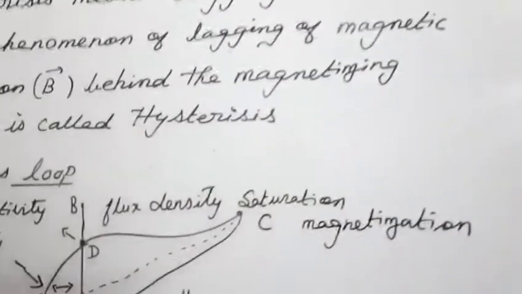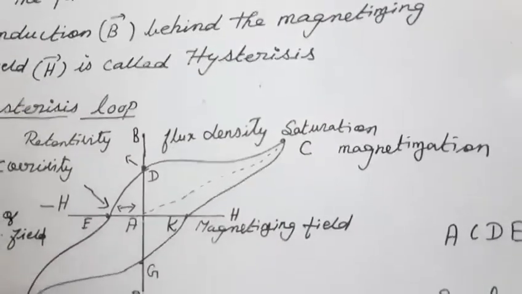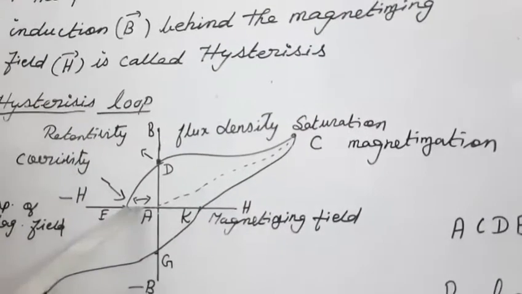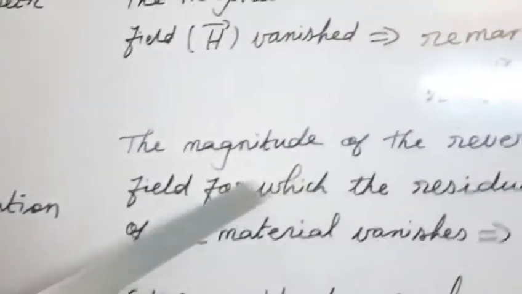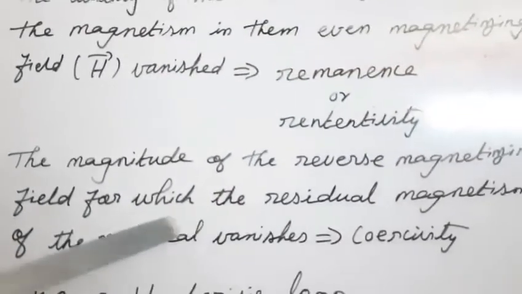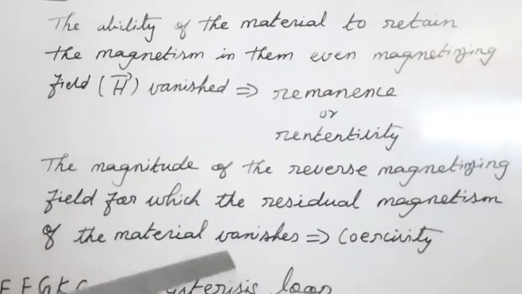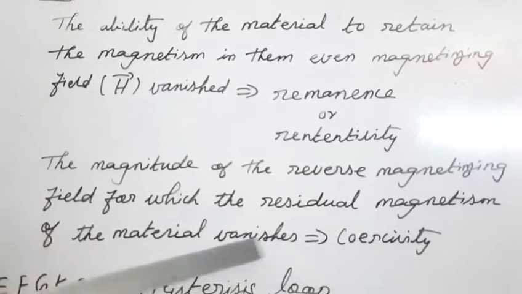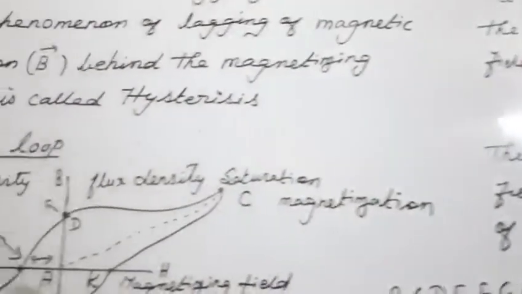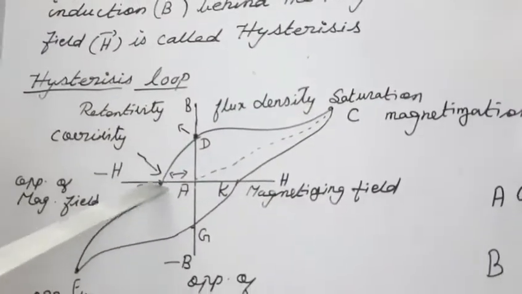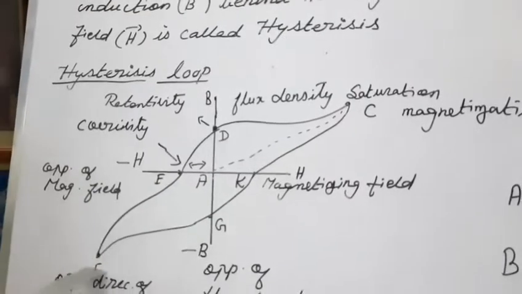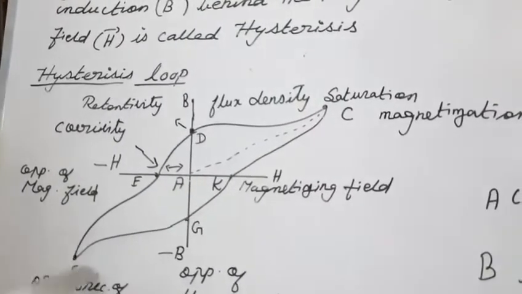The magnetic induction decreases along DE and becomes zero at E. And the magnitude of the reverse magnetizing field for which the residual magnetism of the material vanishes is called its coercivity. With further increase of H vector in the reverse direction, the magnetic induction increases along EF until it reaches saturation at F in the reverse direction.